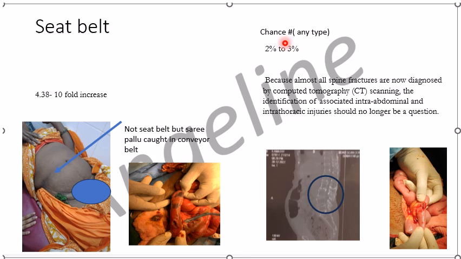Now, there's something known as a chance fracture. Whenever you find a chance fracture in the lower dorsal spine or the lumbar spine, always look for clinical findings in front of the fracture. That means the force exerted on this spine was so much that there was a blowout fracture. Now that is not going to only confine to the spine. That force is also going to go to the root of the mesentery and the bowel walls.